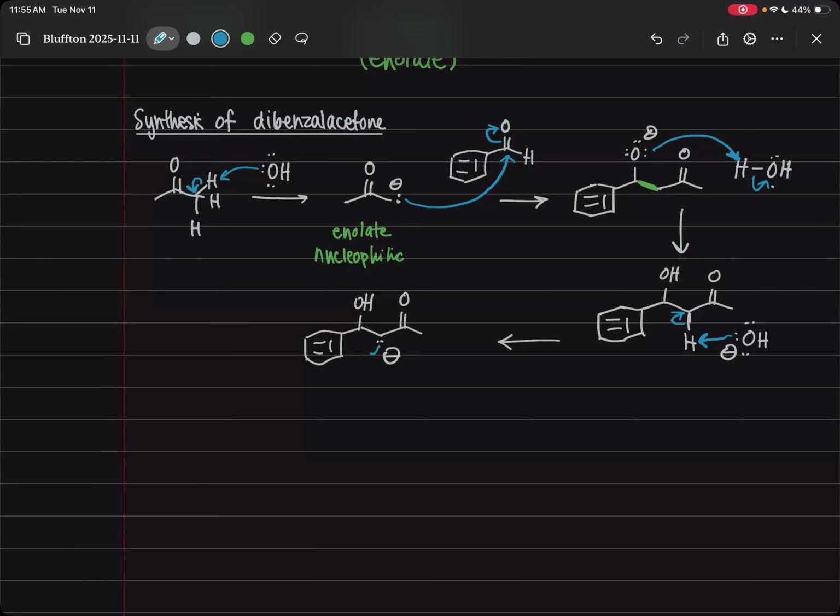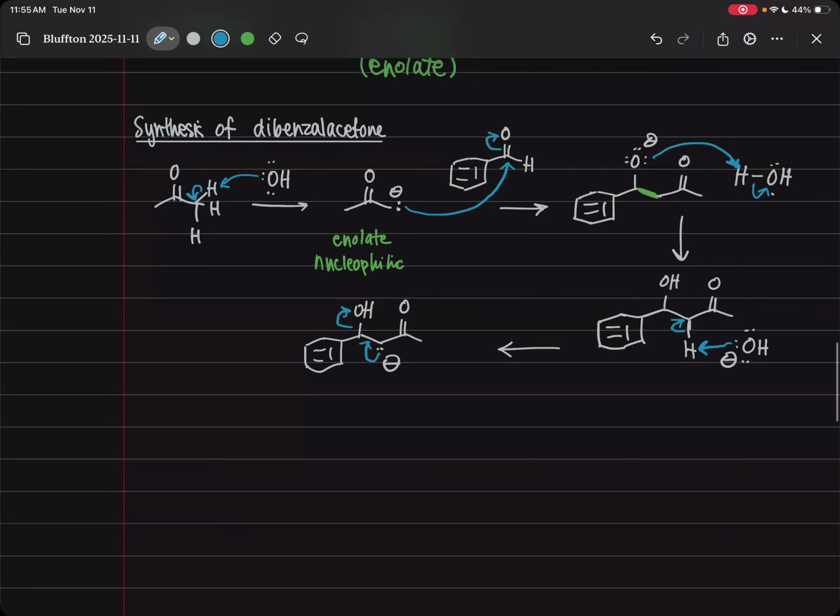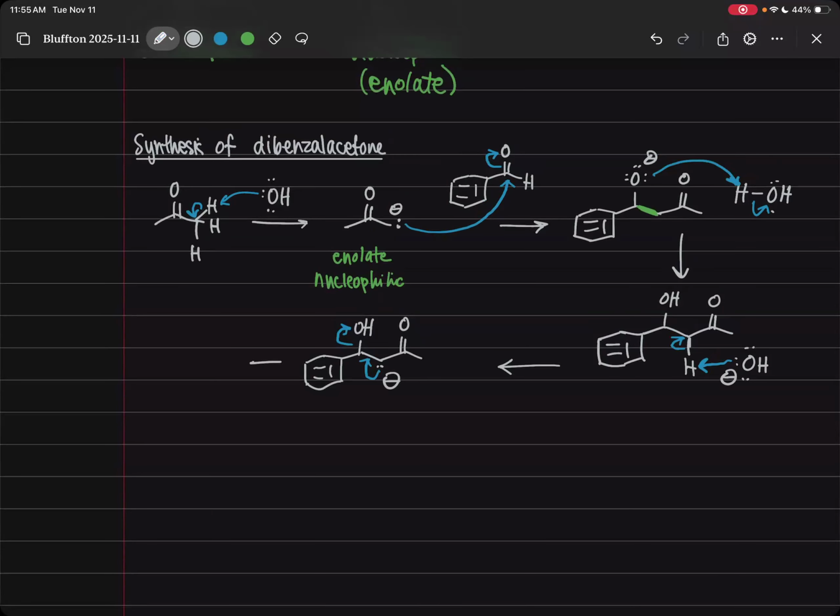We move these electrons to make the double bond, and then the OH group leaves. And so there's our carbon-carbon double bond. So this is not dibenzyl acetone, but just benzyl acetone.